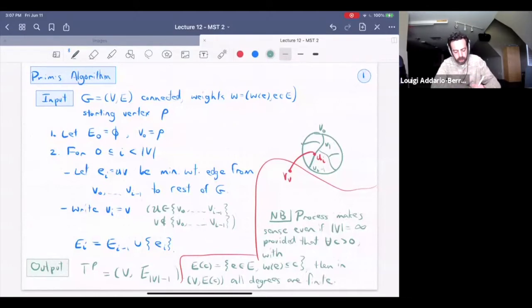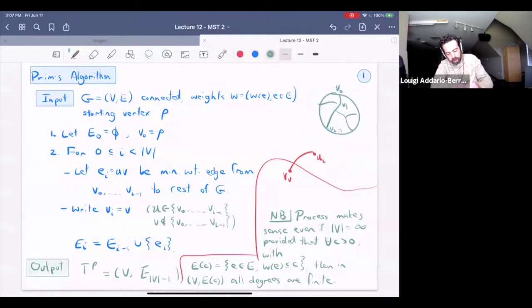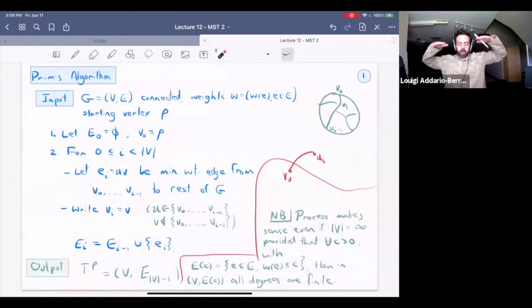Okay, right. The way to think about this is that I might be sitting in some infinite graph, but at any step i of the process, I've grown some finite tree. Now if I look at the edge boundary of this tree and gradually raise the weight, asking what's the smallest weight edge that I see, that boundary will start with no edges, and at some point it'll go up to one edge, and I'll take that edge.